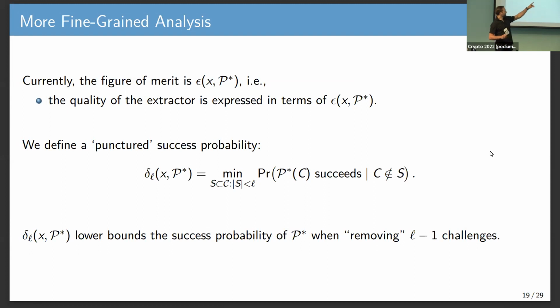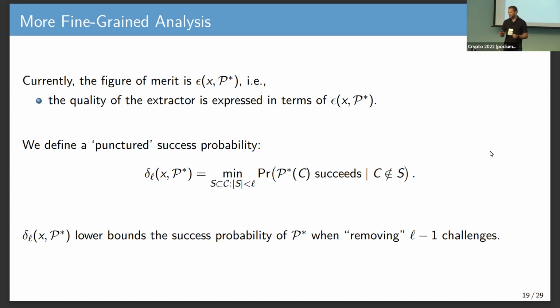So we take a subset S of size L minus 1, we remove it from the challenge set and see what the remaining success probability of this prover is. And then we minimize over all of these subsets S. So this is sort of a punctured success probability. We remove a couple of challenges that we will no longer consider.